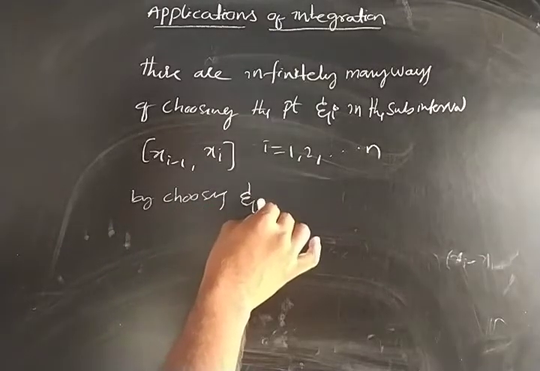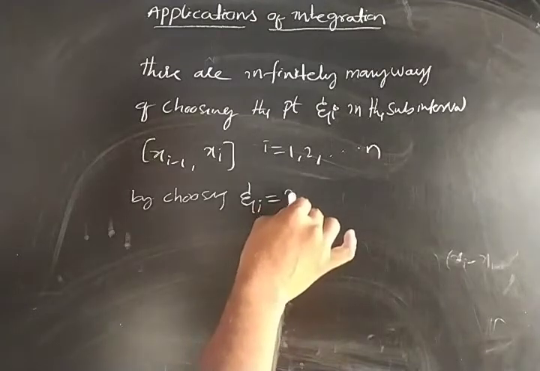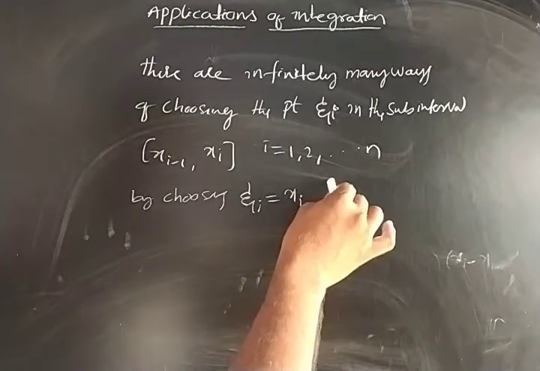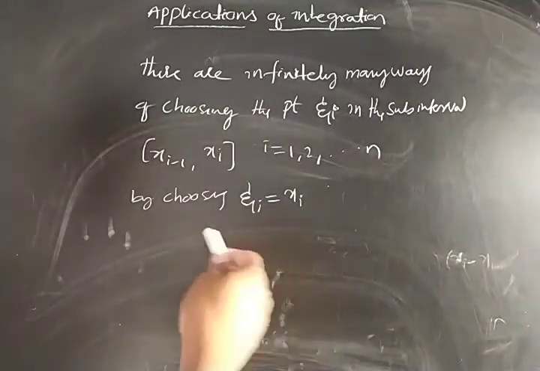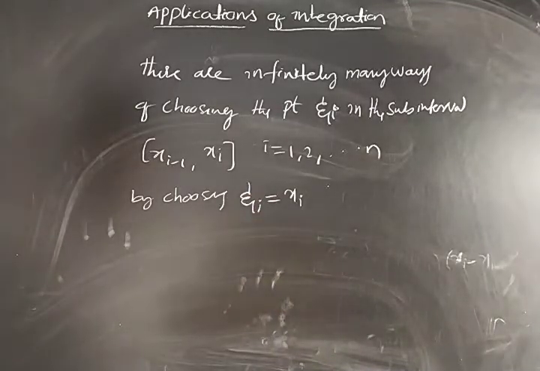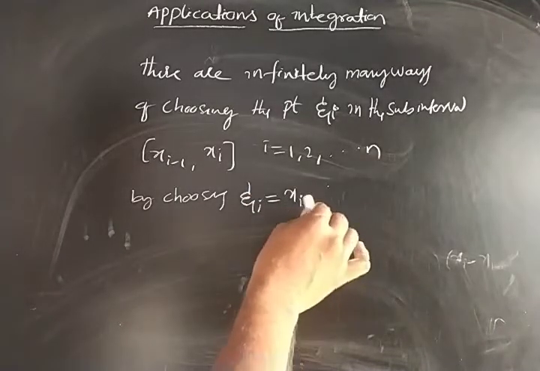Suppose I am choosing zeta i equal to x i, where i equals 1 to n.